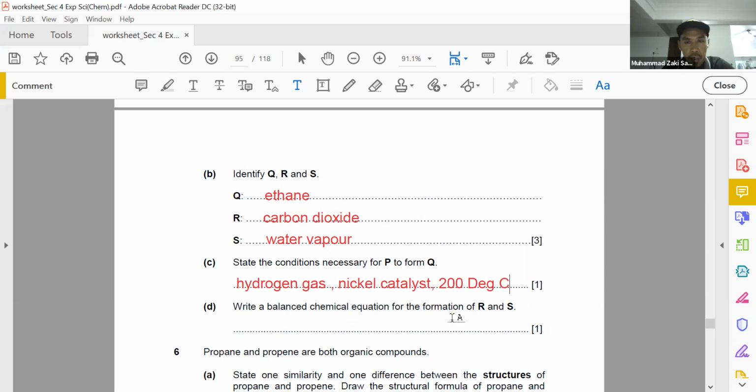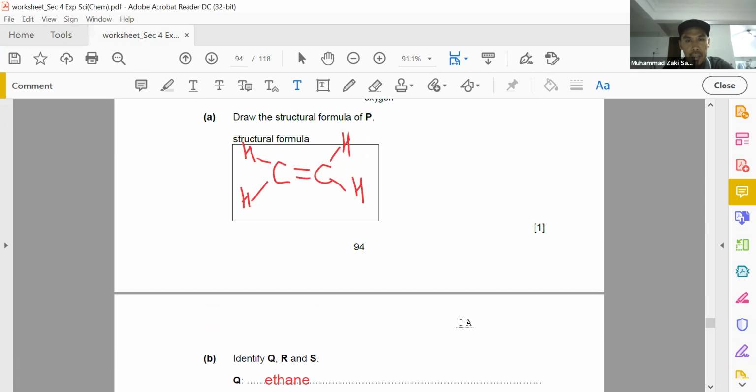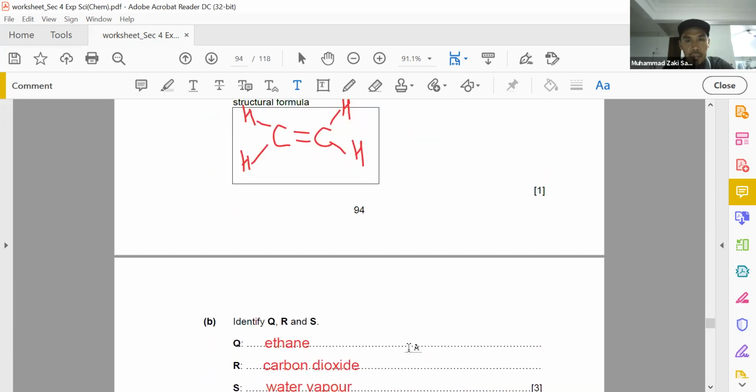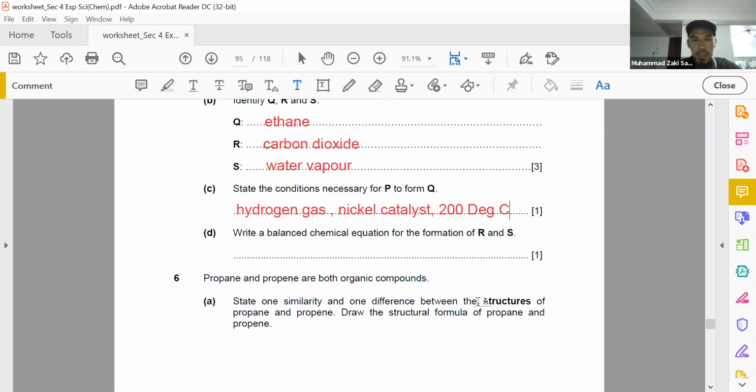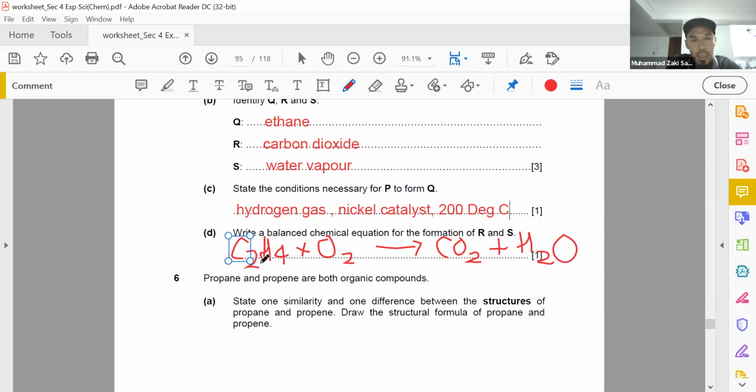Okay, right. Now let's write down the balanced equation for the formation of R and S. P to R and S. So what is P? P is C2H4. This is combustion, and this will give carbon dioxide and water. So there are two carbons here.